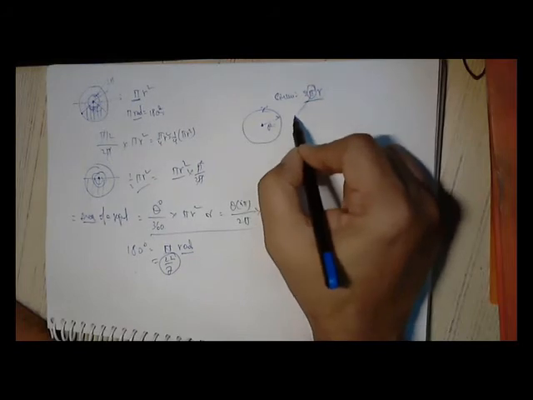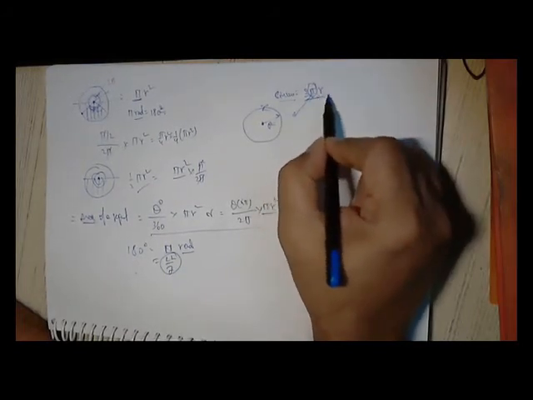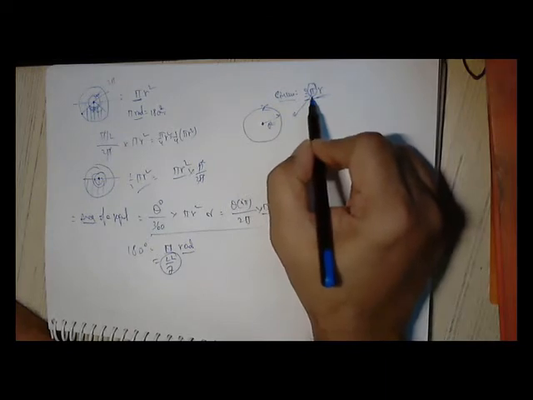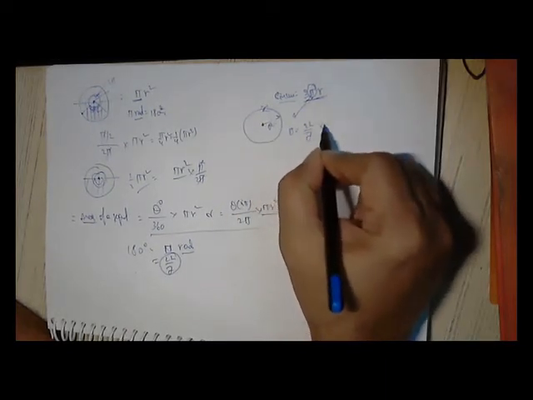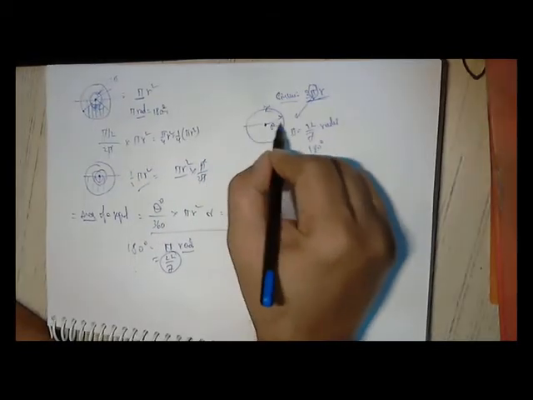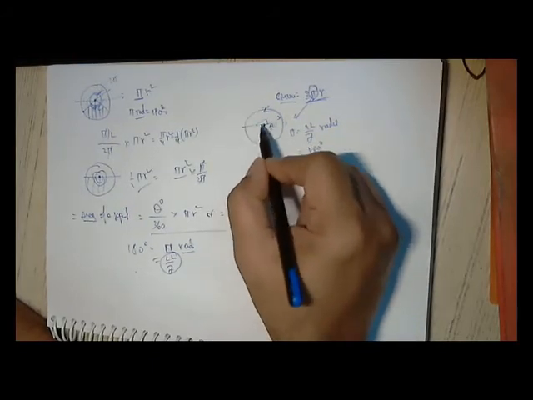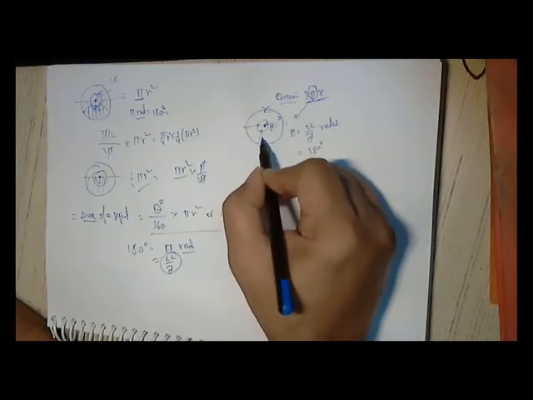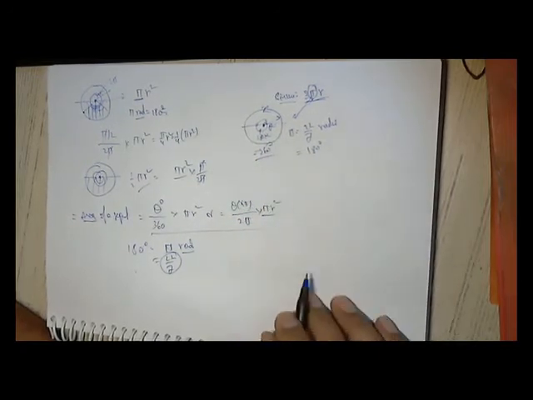From there, the constant of proportionality between the circumference and radius, this pi, has come into the picture. So 1 pi is equal to 22/7 radians, which is equal to 180 degrees. A circle covers 360 degrees: 180 into 2, 360 degrees.